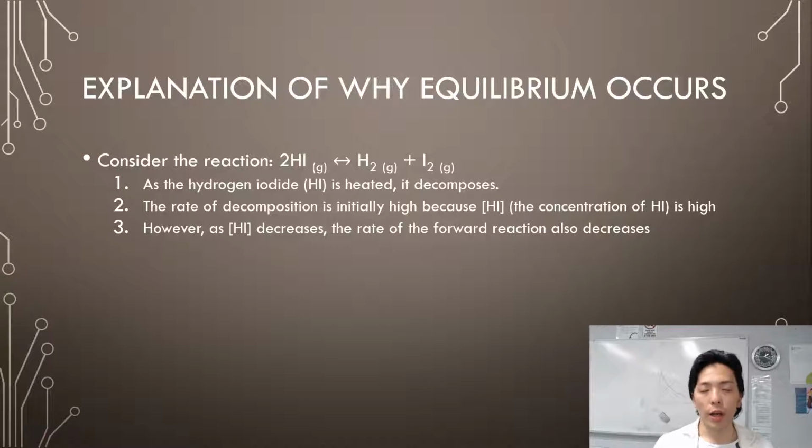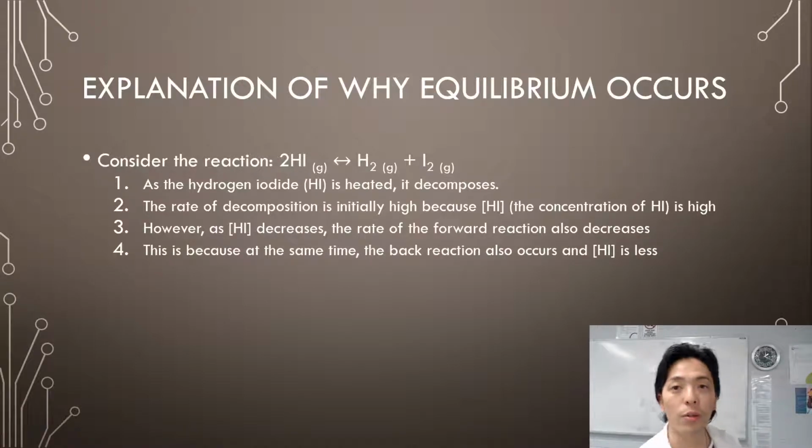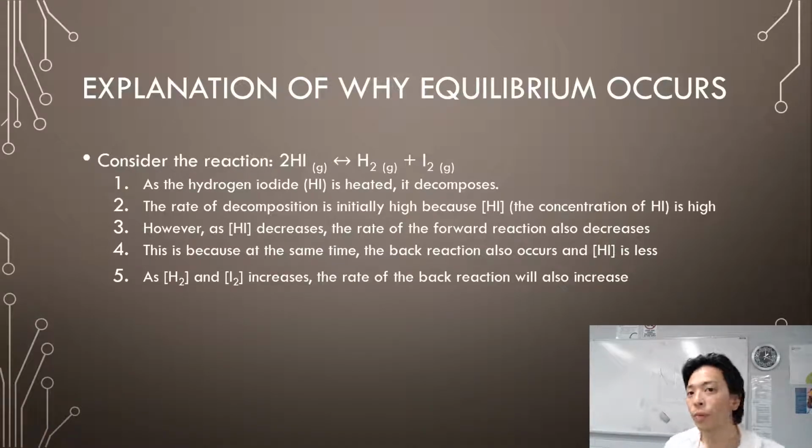However, as the HI concentration decreases, the rate of forward reaction also decreases. This is because at the same time the backward reaction occurs and HI concentration is less. As H2 and I2 concentrations increase, the rate of back reaction will also increase.